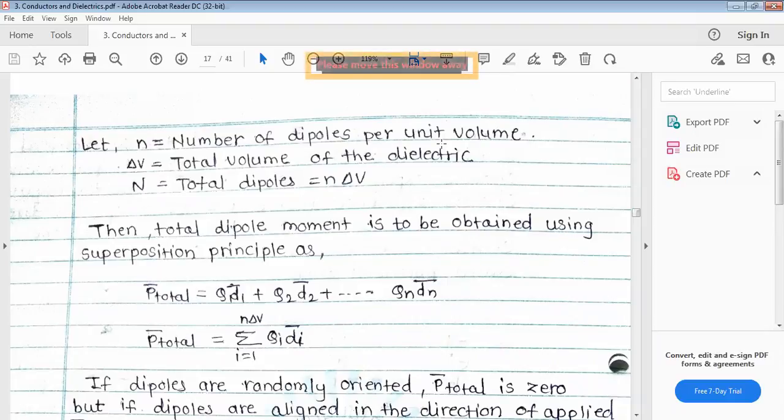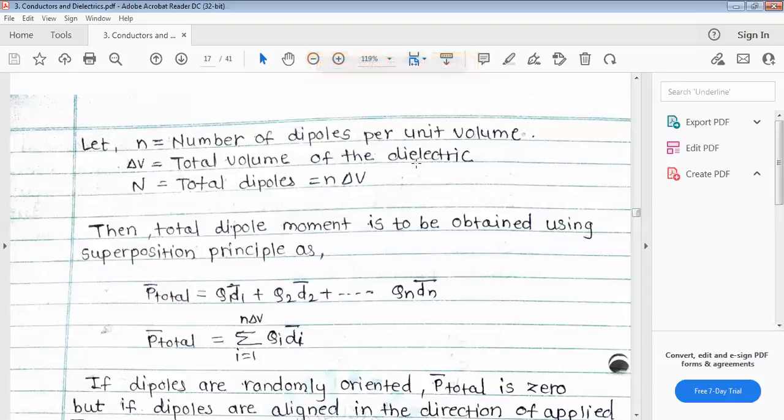If n is the number of dipoles per unit volume, then in that sphere, when you apply the electric field, that many dipoles are formed there. And delta V is equal to the total volume of the dielectric.